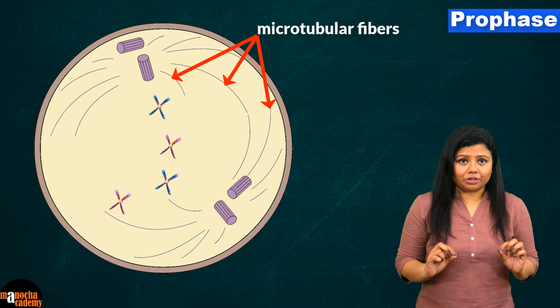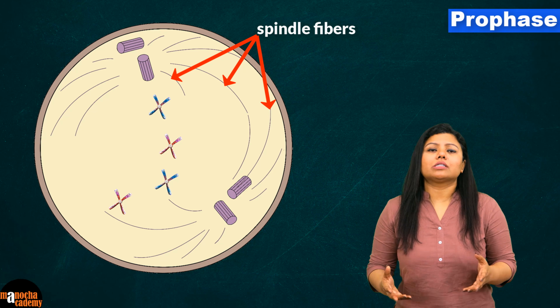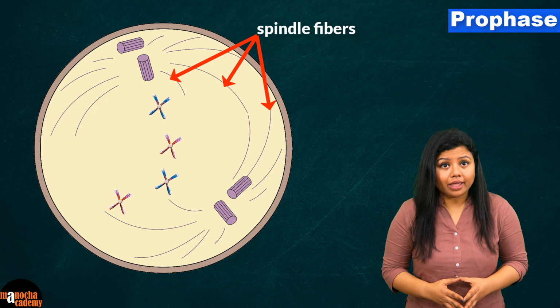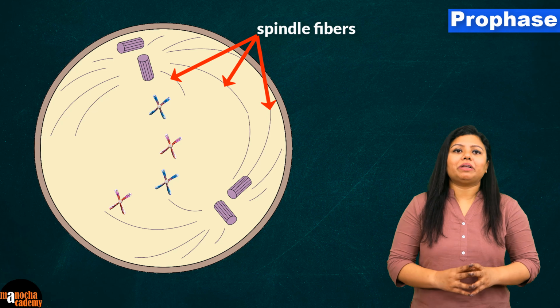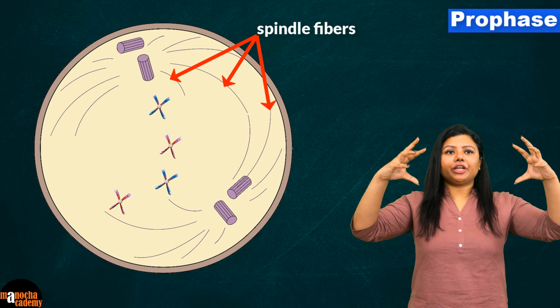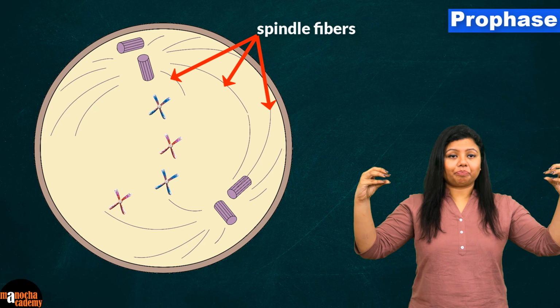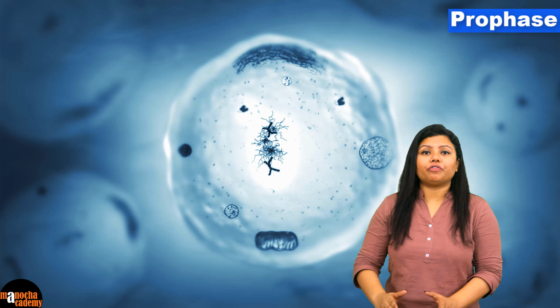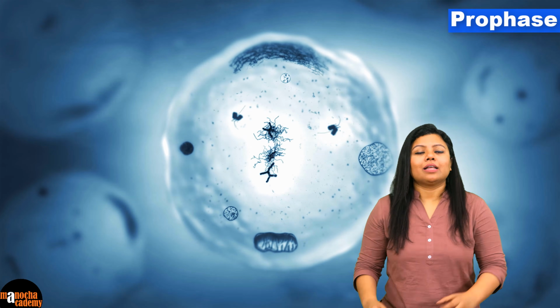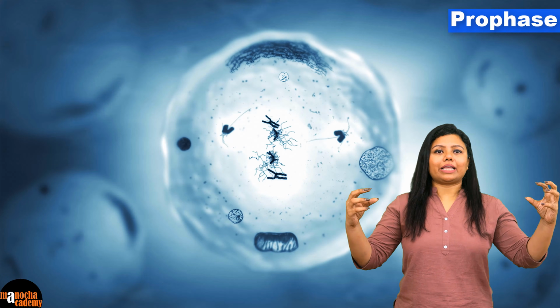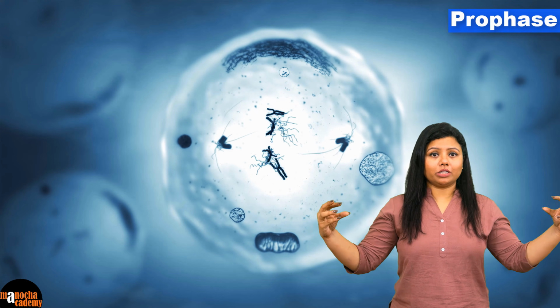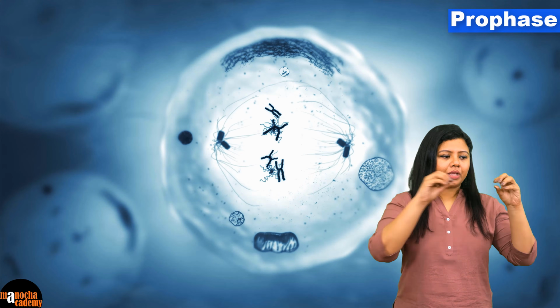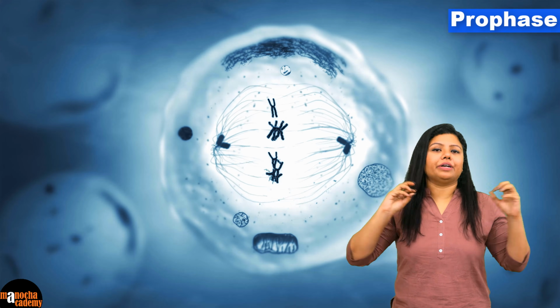Now these fibers are known as spindle fibers. Why? Because these spindle fibers are tapering towards the centriolar ends and wider at the center. By the time prophase is complete, the new centrioles have shifted towards the two poles, and in between them the spindle fibers are arranged.